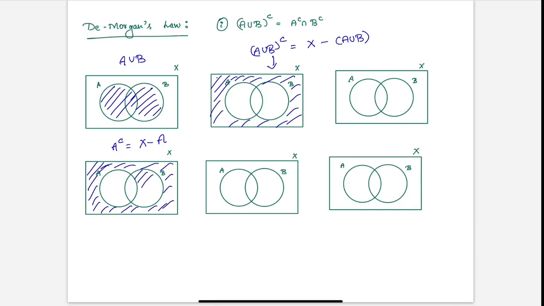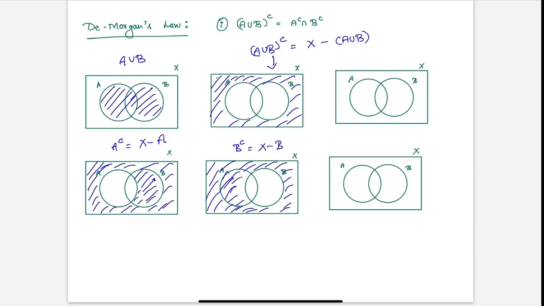Also this portion, because this is not A. Similarly, what will be B complement? X minus B. Now this portion will also be included, everything except B.